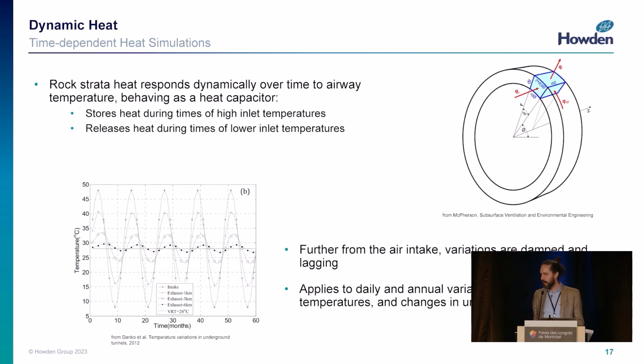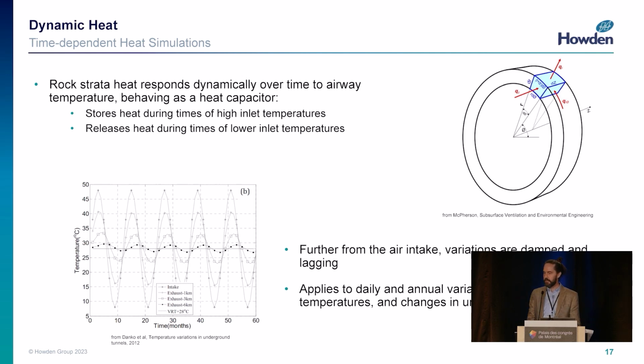So I've got here a diagram on the right showing what we basically simplify our airways to model the rock strata heat. So we model it as a cylinder and basically work out the heat transfer through that surrounding rock mass. So what happens is that the rock stores up the heat during hotter times, and in cooler times it will release that heat again.